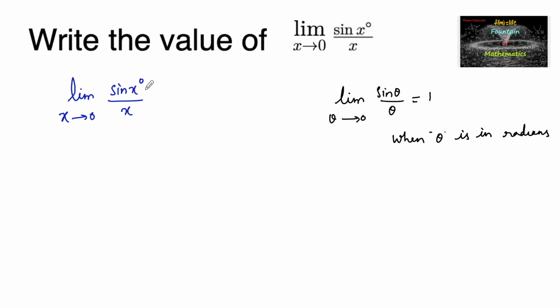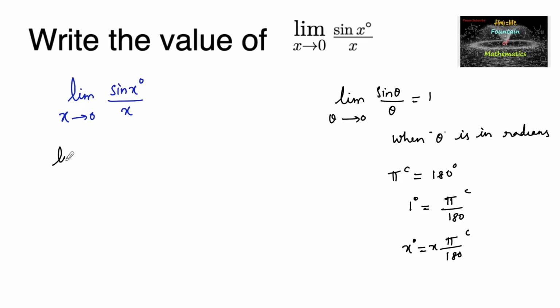So here given x degrees, so let us convert the degrees into radians, and as also we know pi radians is equal to 180 degrees, or 1 degree is equal to pi by 180 radians. So x degree is equal to pi by 180 radians into x.